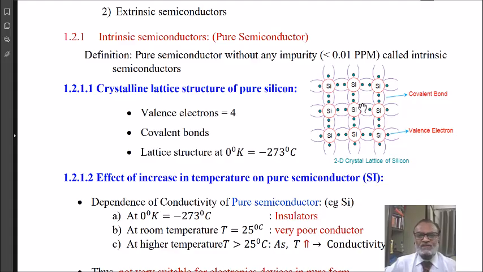The covalent bonds are the bonds which are keeping the material atoms in immobile position.